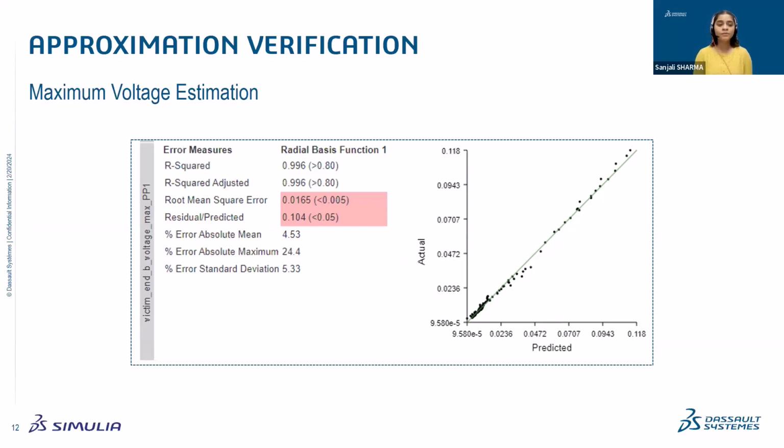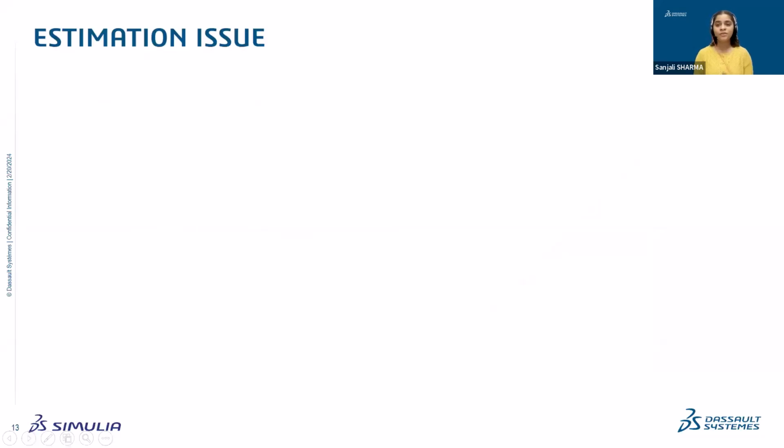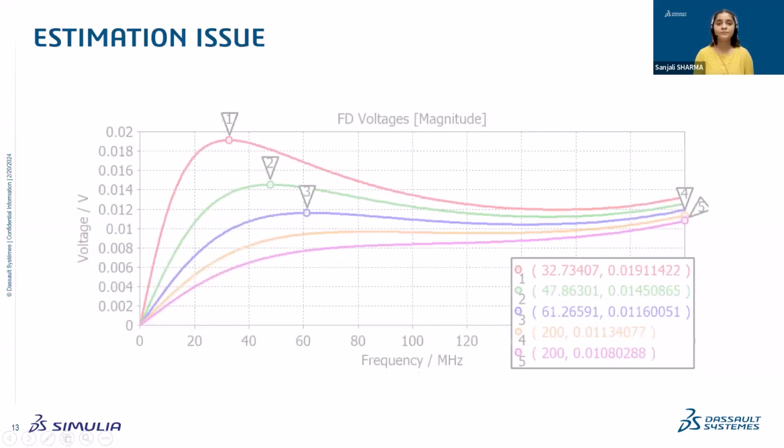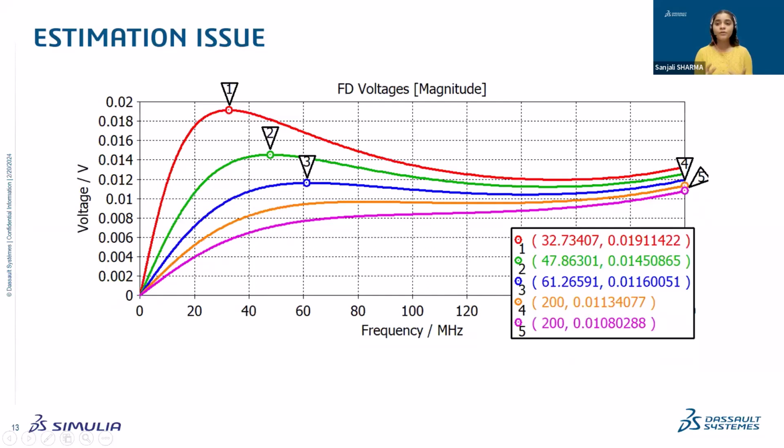What about the frequency at which this maximum value is occurring? In case of the frequency at which this maximum voltage is occurring, the results may not be highly accurate. The reason is the spectrum is limited and we are interested only in the maximum voltage.